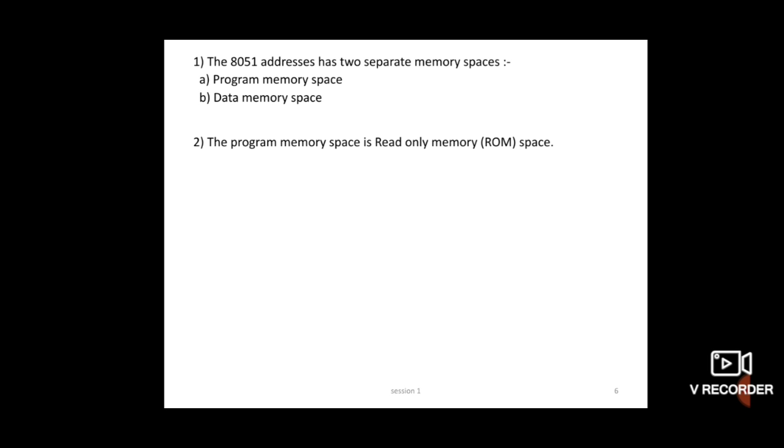8051 uses one memory space for storing programs and another for storing variable data. The program memory space is a read-only space. You can read instructions from this space, but the processor cannot write data into it.